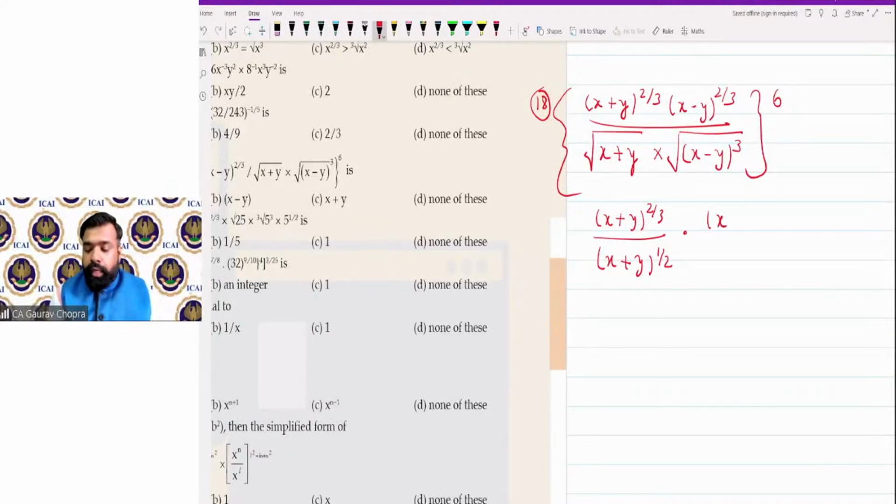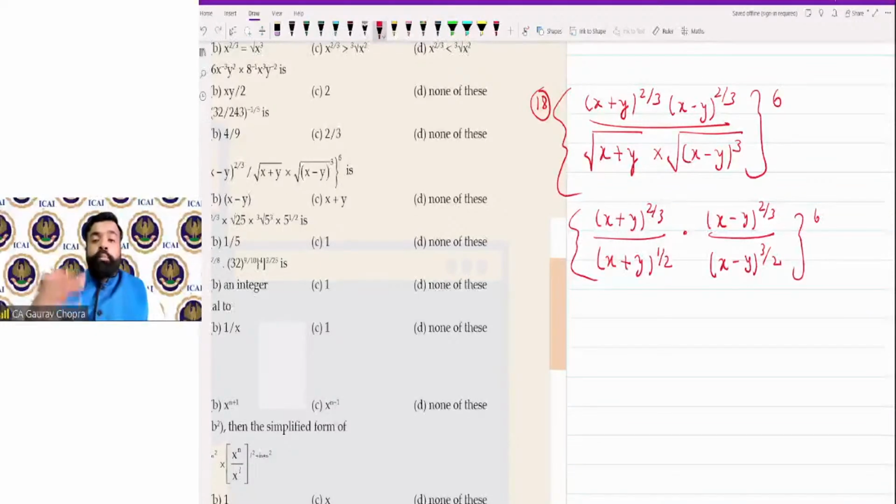Then x minus y in the numerator, power is 2 by 3, and in the denominator, the power is x minus y cube, and then root is written. Root means power half. So it will become 3 by 2. And then whole to the power of 6. Now you can bring the powers together for the common bases. So x plus y and x plus y. Base is common. Bring the power together.